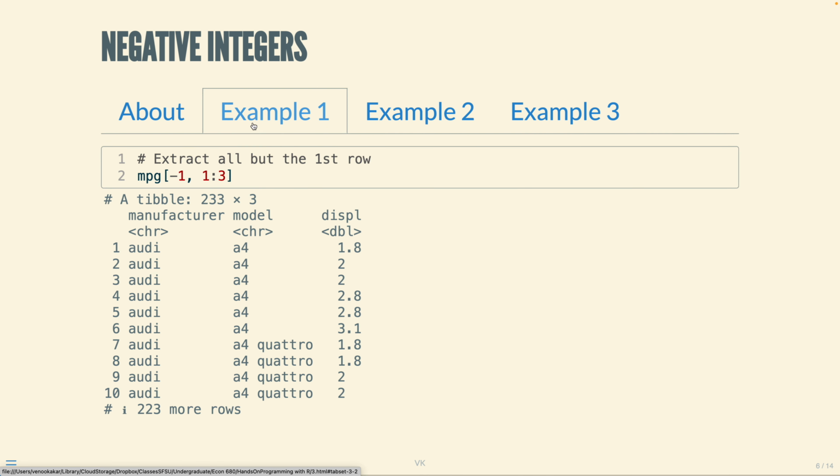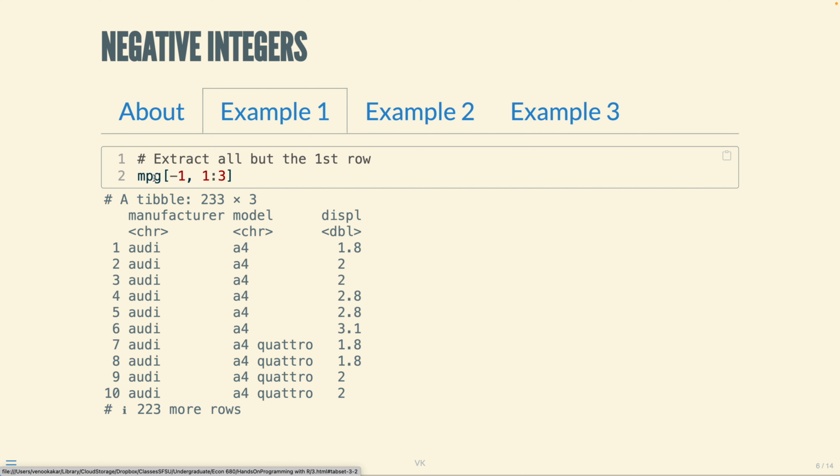So let's take an example here. It's possible that in your data set, not this data set, the first row wasn't adding any value, or the first row had some details on the data, and maybe that's not what you need for analysis.